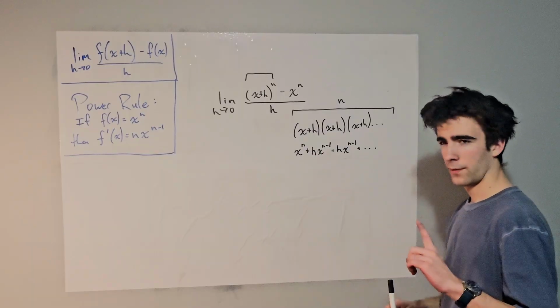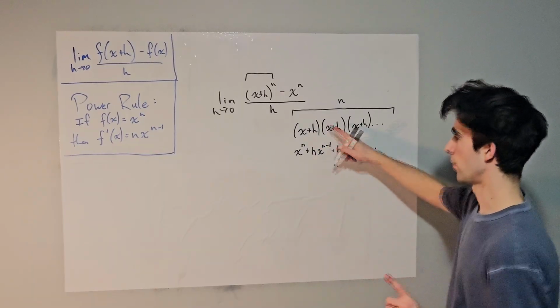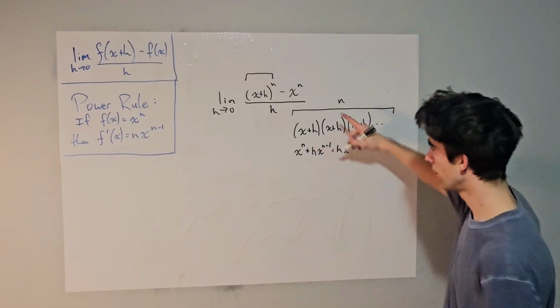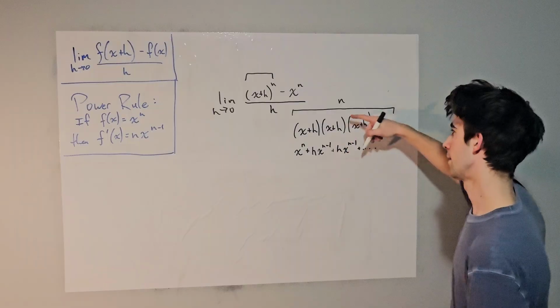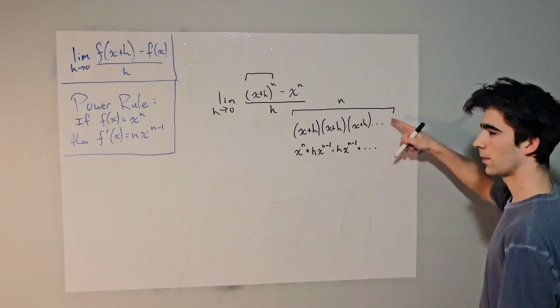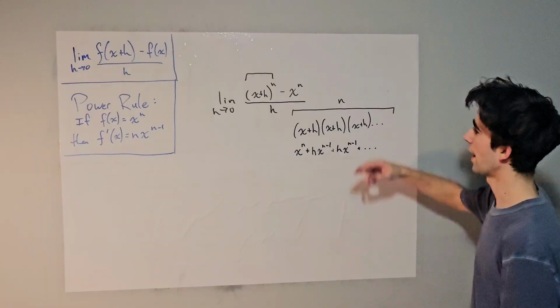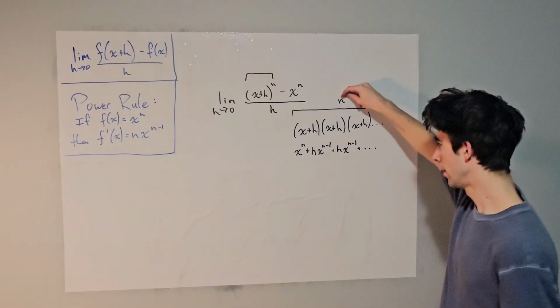Well, we're doing one of them for each binomial. We first did it using the h here, then we did it using the h here, then we could do it using the h here, and we could do it once for however many binomials we have, for n binomials.